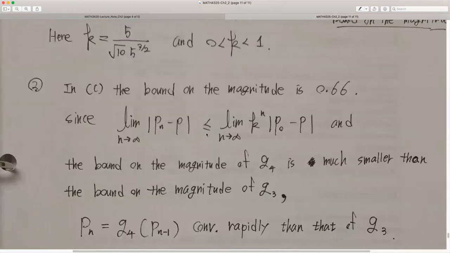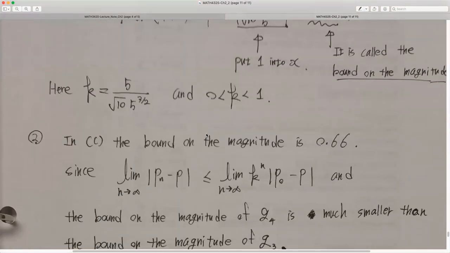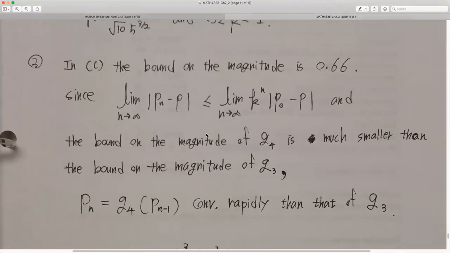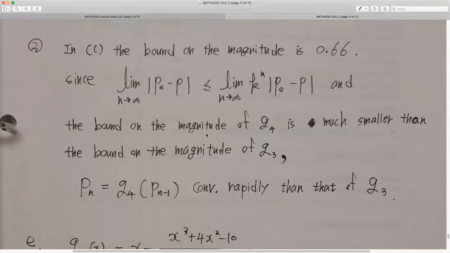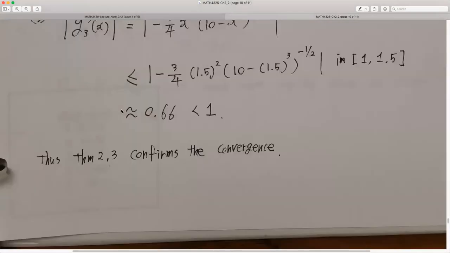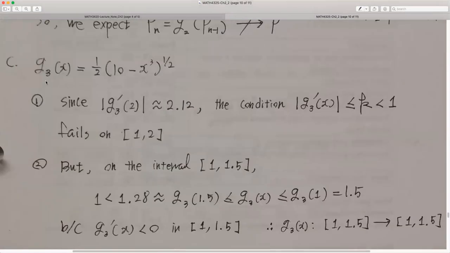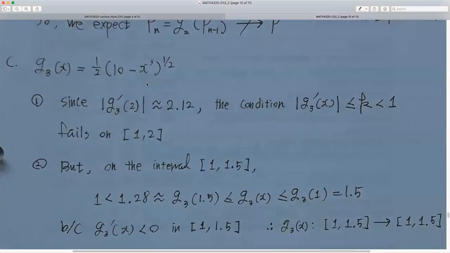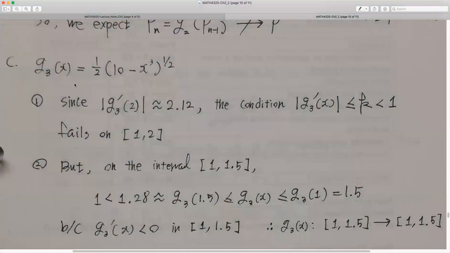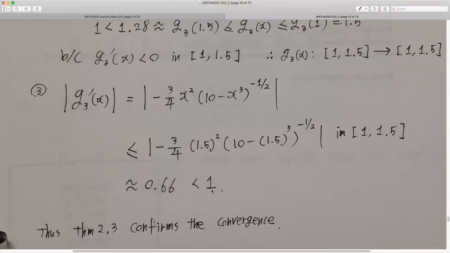Now, the second to last one. By the way, in C, G sub 3 takes 30 iterations. Why? Because G sub 3 is bounded by 0.6, which is close to 1, right?